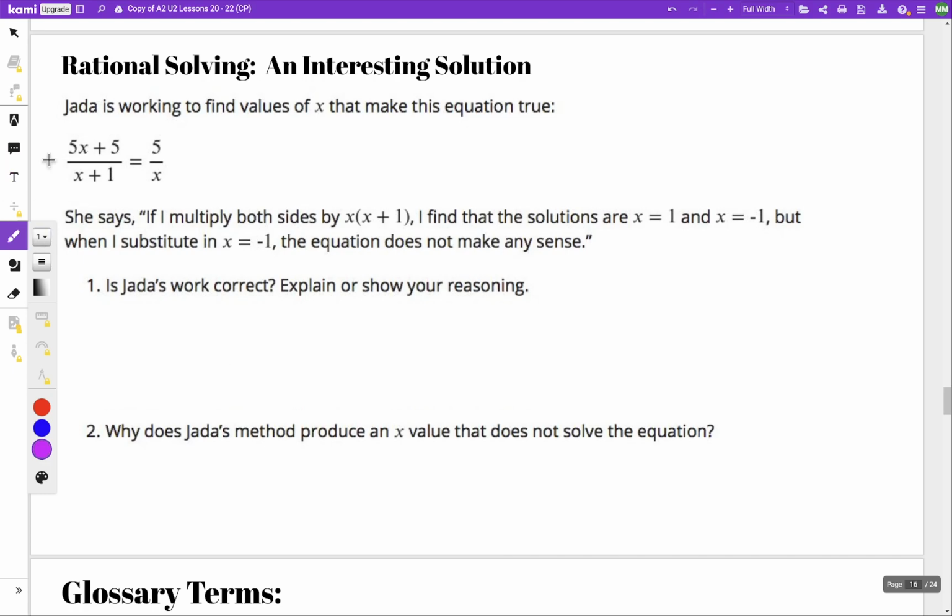We get x times 5x plus 5 equals 5 times x plus 1. 5x squared plus 5x equals 5x plus 5.